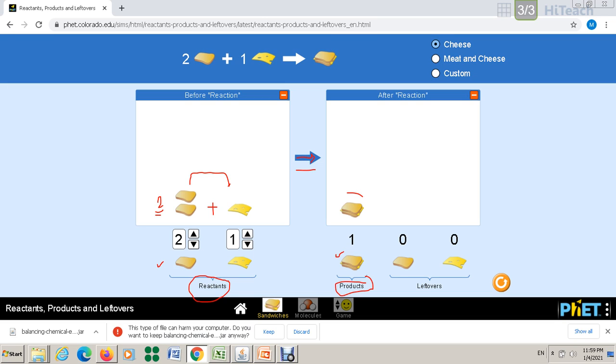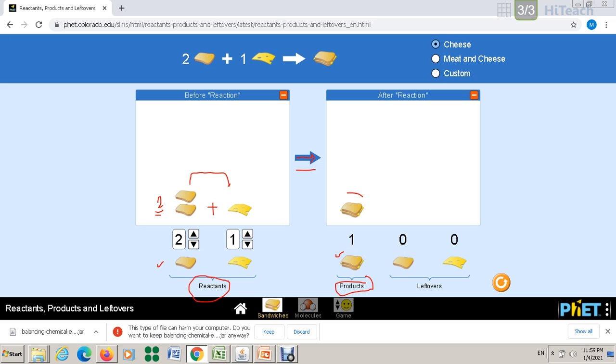Bread. I used only 1 cheese, and I found only 1 cheese, but new bonds are formed between them, so they produced a new product with new properties. But what you use in the reactant, you find in the product. They have different properties, but they are the same.